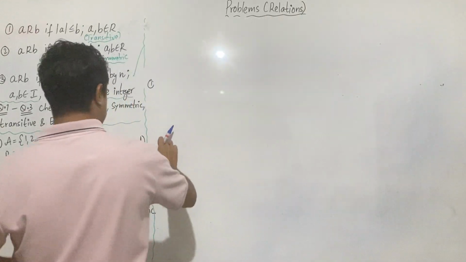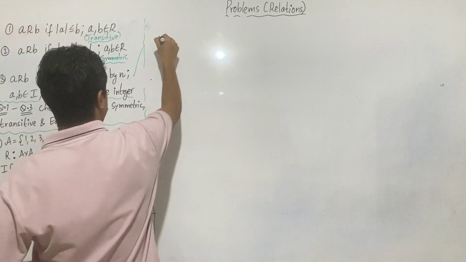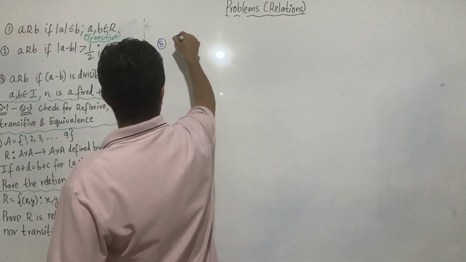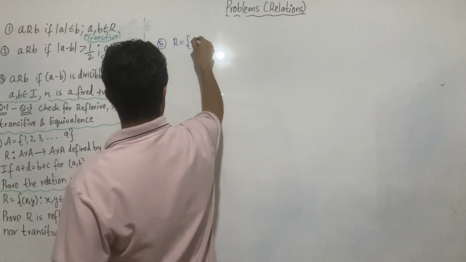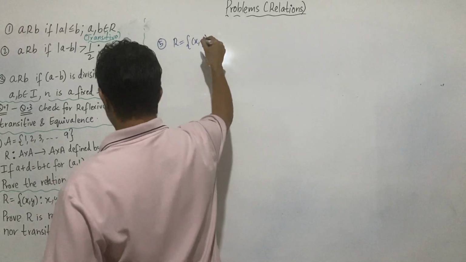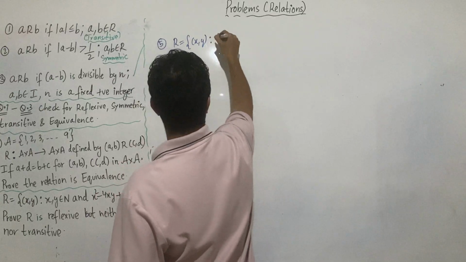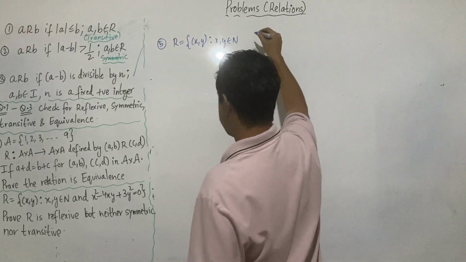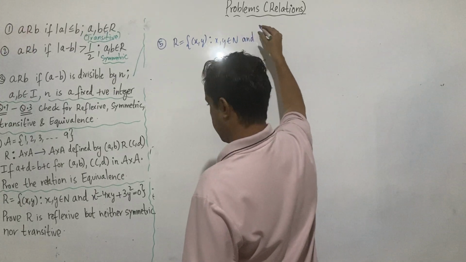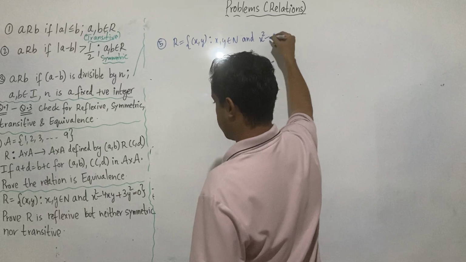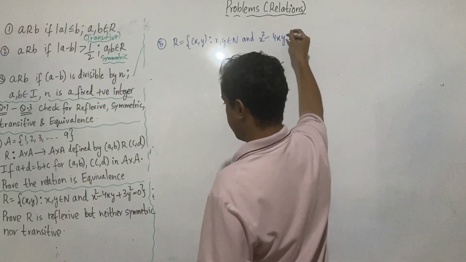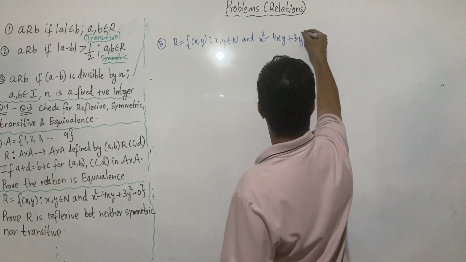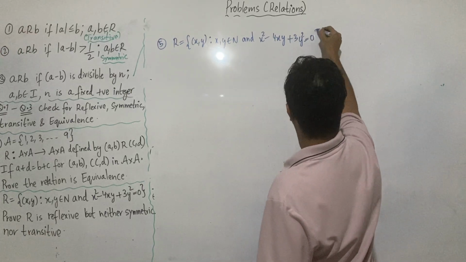Question number 5 says that R is a relation defined as (x, y) such that x, y belong to the set of natural numbers and x squared minus 4xy plus 3y squared equals 0.